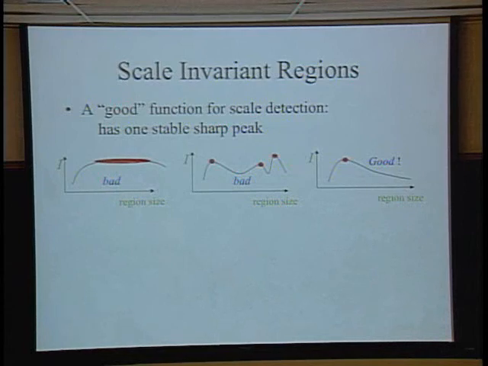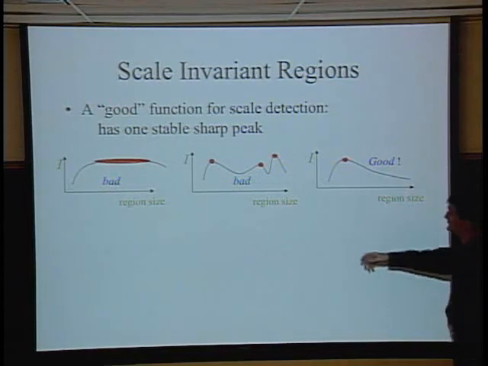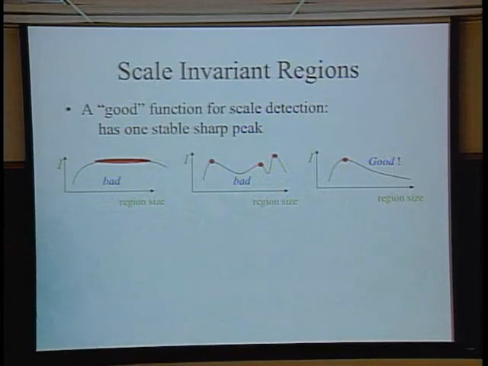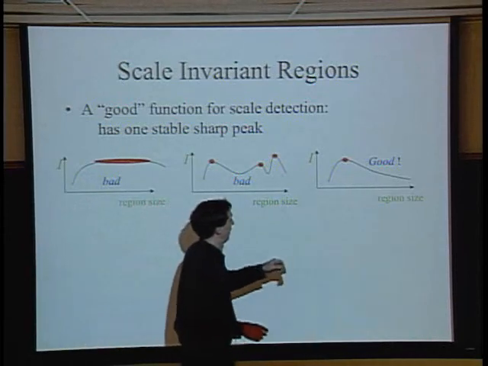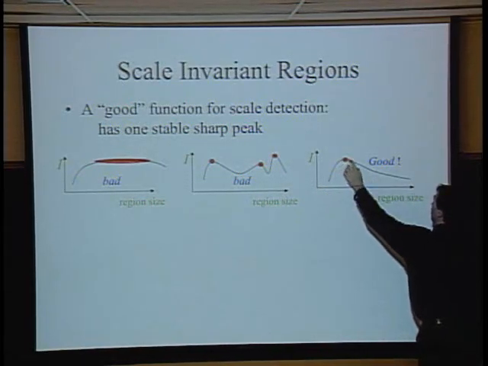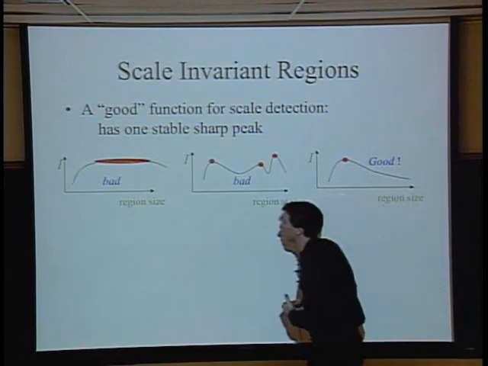The whole thing is peak. Similarly here, you have multiple contenders for the most interesting region, and one is technically taller than the other two, but not by much. The one on the right is what you really want. It's what's called unimodal: it has one maximum, and that maximum is relatively sharp. It's not too ambiguous where to put that peak.